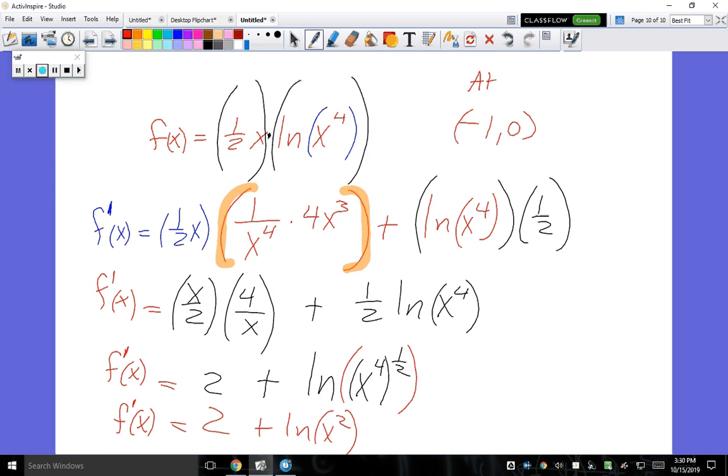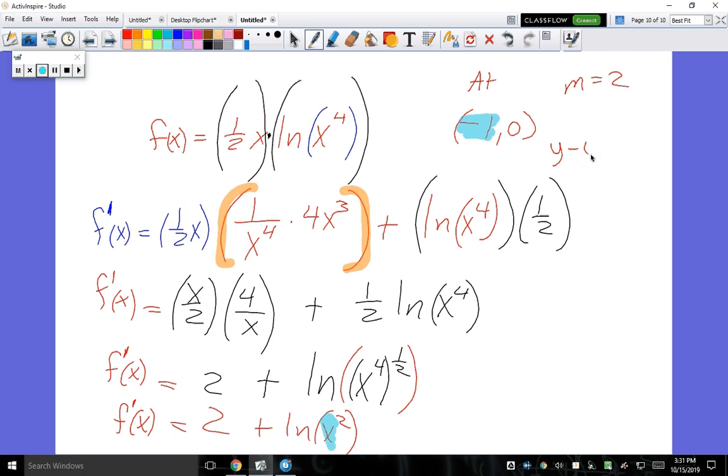And then now, what am I going to plug into this equation? -1 for x. We're going to do bonus points after this. So if I plugged in a -1 and I squared it, what's the natural log of a positive 1? 0. So the slope is 2.